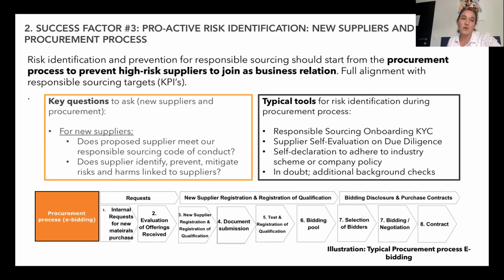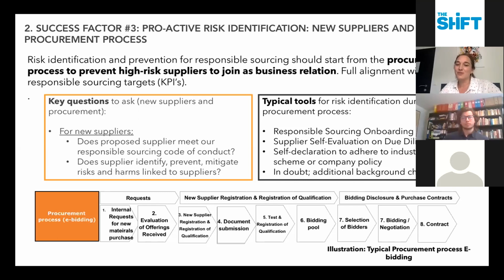And now, for example, with the minerals for the green transition, this is quite relevant, because there's a lot of competition for access to raw materials, and I think this puts a lot of stress also on our ambition towards responsible sourcing. It's perhaps interesting for the discussion.